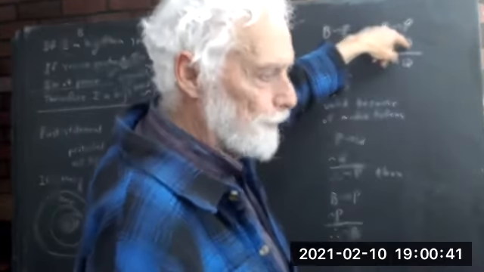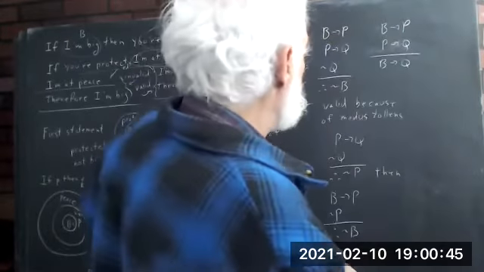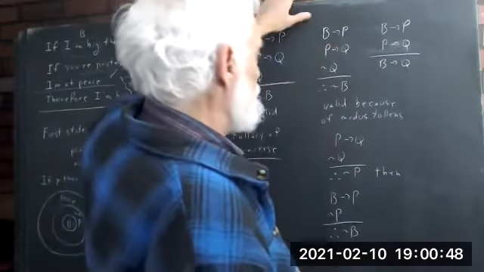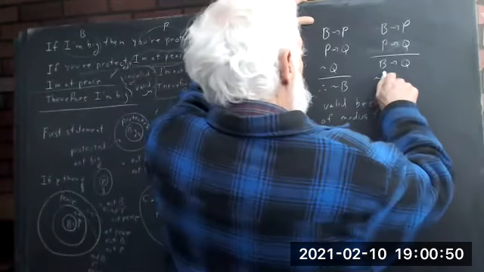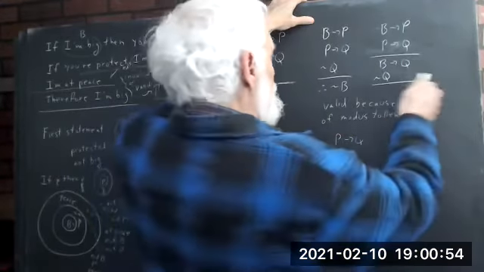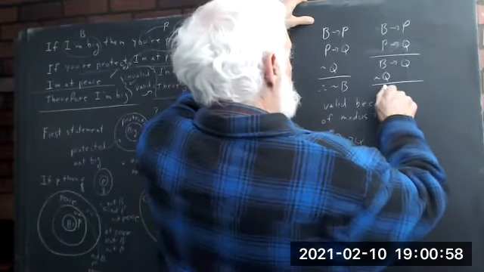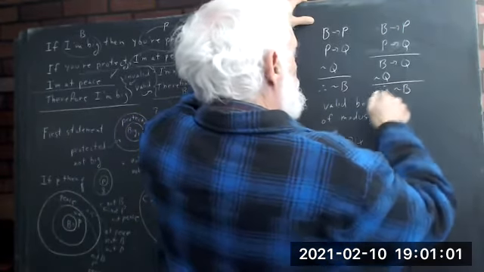If you're protected, I'm at peace. So if I'm big, I'm at peace. That's the first part of the argument. And then we combine that with not Q. And again by modus tollens, we get not P.